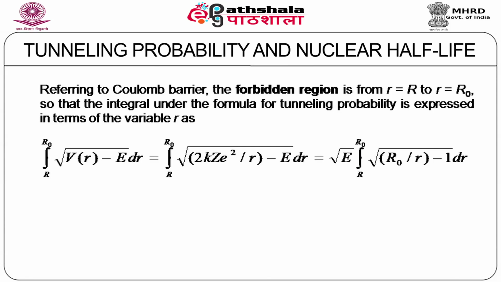So here r is the nuclear radius, capital R, and Z is the atomic number of the daughter nucleus, as we already mentioned, and E is the energy of the escaping alpha particle, which gives R0 equal to 2kZe squared by E, as it was marked in the figure which you already saw.